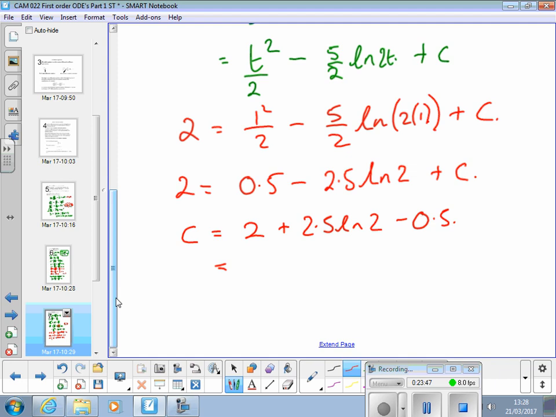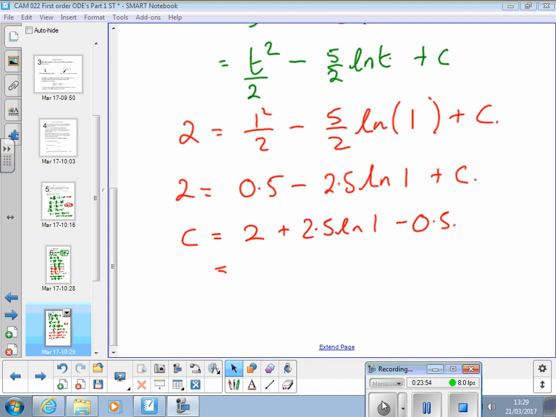What did that come out as in your calculator? What did we get? 3 over 2, or 1.5.